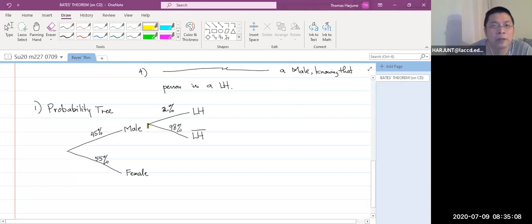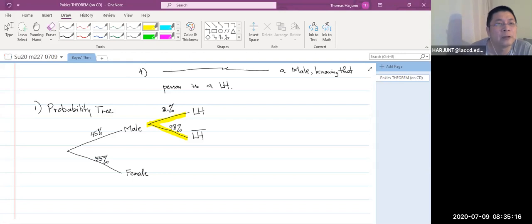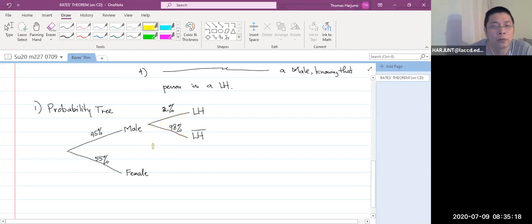Remember I said that every time you branch, the total of the probability has to be 100%. Likewise, for female, knowing that person is a female, the probability that person is left-handed is 3% according to our passage above. Therefore, the probability that person is not left-handed is 97%.